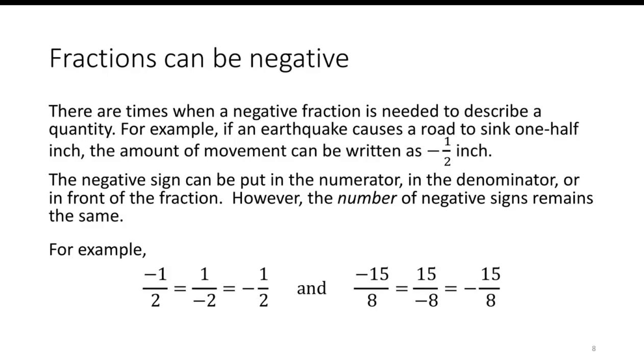So negative 1 over 2, 1 over negative 2, or the negative of 1/2, those all mean the same thing. Likewise, negative 15 over 8, 15 over negative 8, negative the 15 over 8. If you have a negative fraction, it doesn't matter where you put the negative.